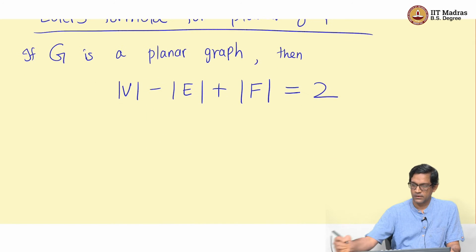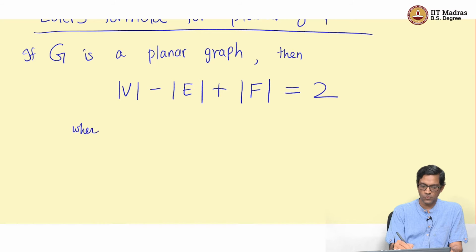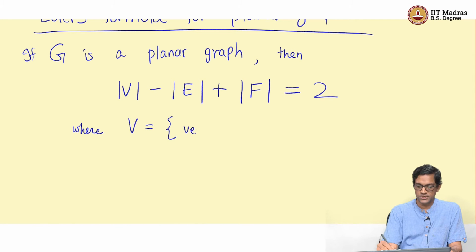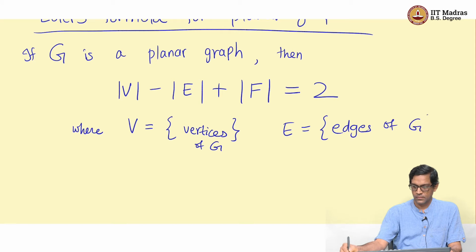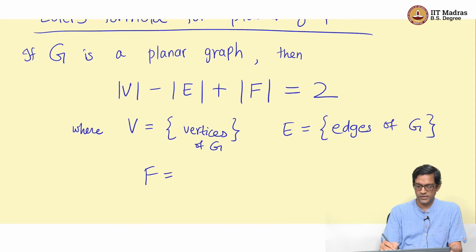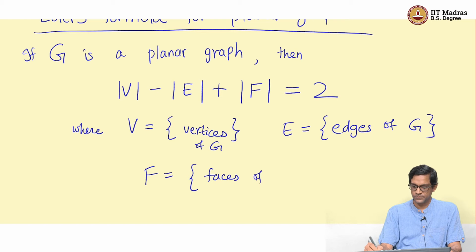Where V and E, of course, we know what they are: V is the set of vertices, E is the set of edges, all of the graph G, and F is the set of faces or regions of G.